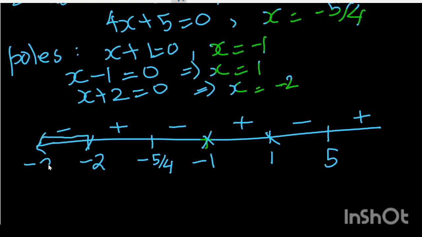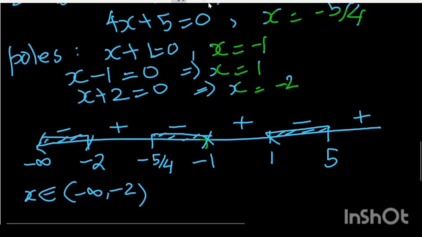So minus infinity to minus 2 we will take, minus 5 by 4 to minus 1 we will take, 1 to 5 we will take, guys. So these intervals would be our answer that we can write in the interval form like this: minus infinity to minus 2. Okay, so minus infinity to minus 2 we wrote.